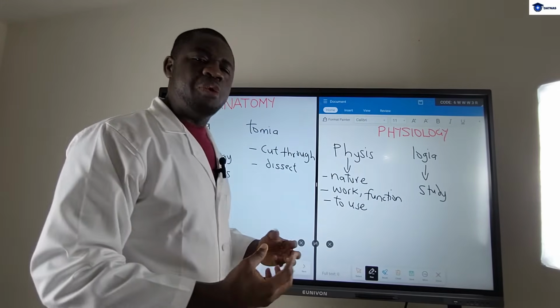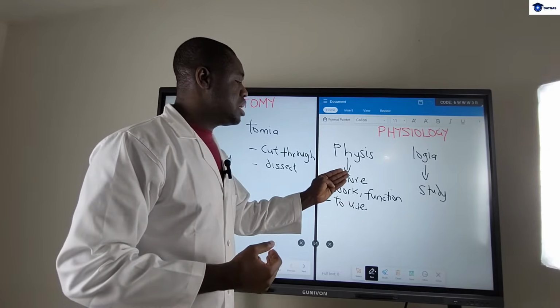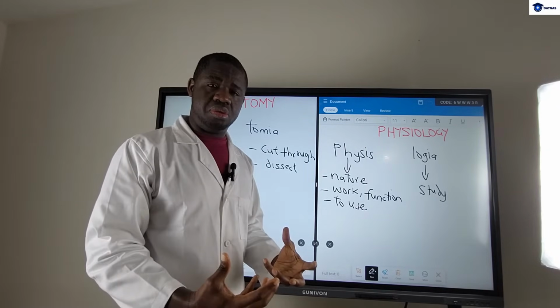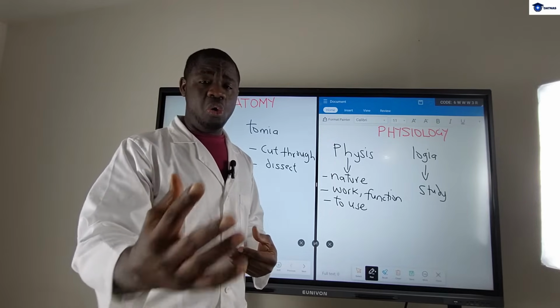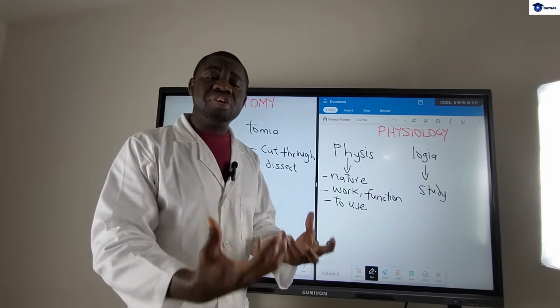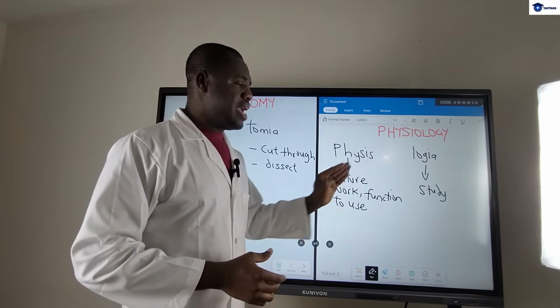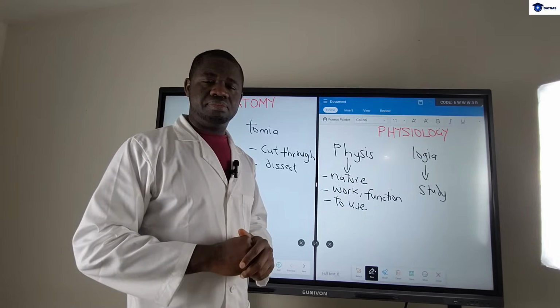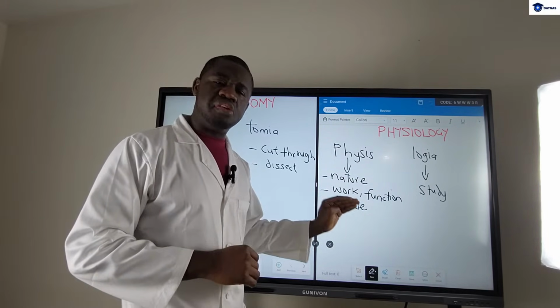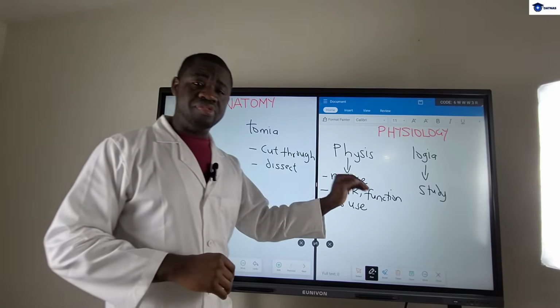In that case, we can define physiology as the scientific study of nature in the body. Or we can say that physiology is the scientific study of the function in the body. The function of what? The function of the structures in the body.